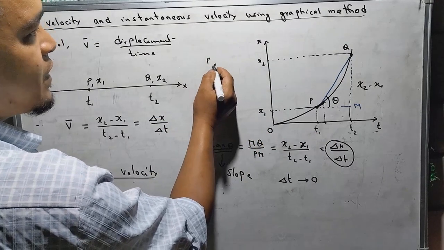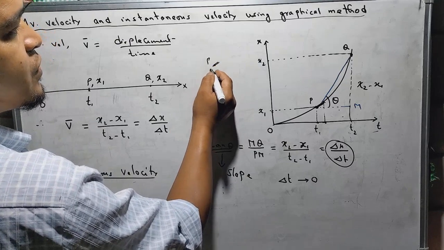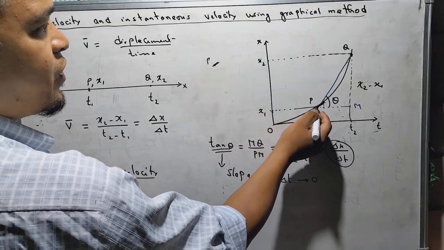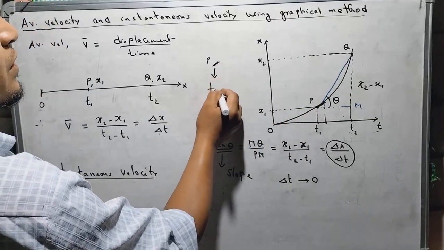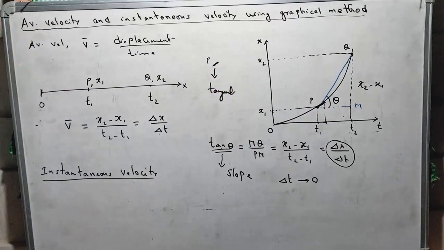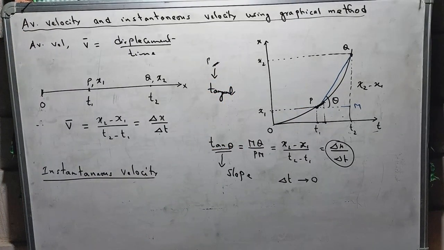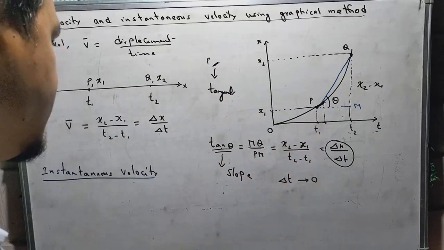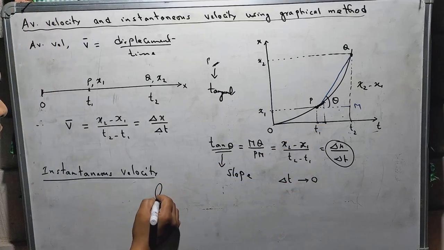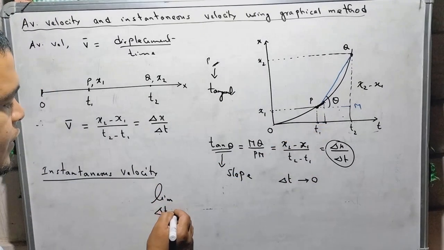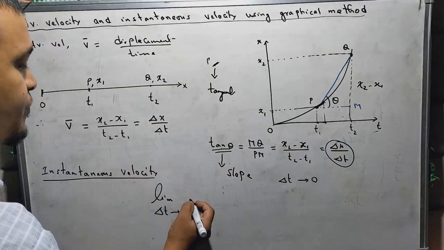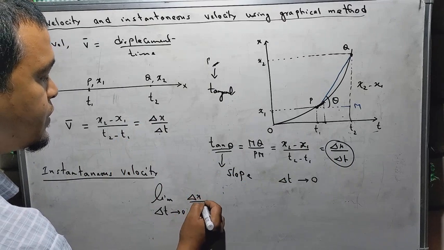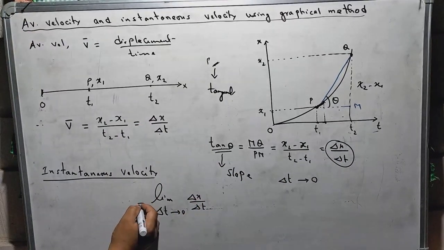And what is the slope of the line joining the points P and Q at that time? It approaches the tangent, or the slope becomes a tangent. So in the limit of delta t tends to 0, this average value delta x upon delta t is known as the instantaneous velocity.